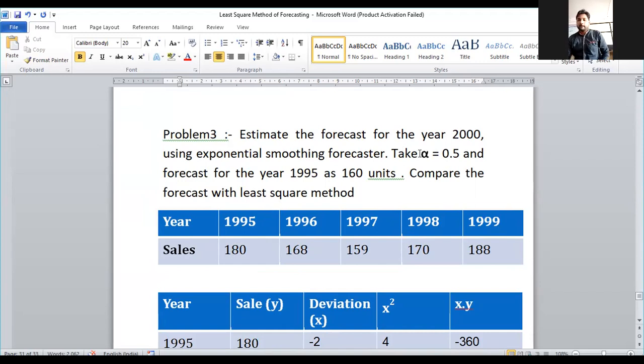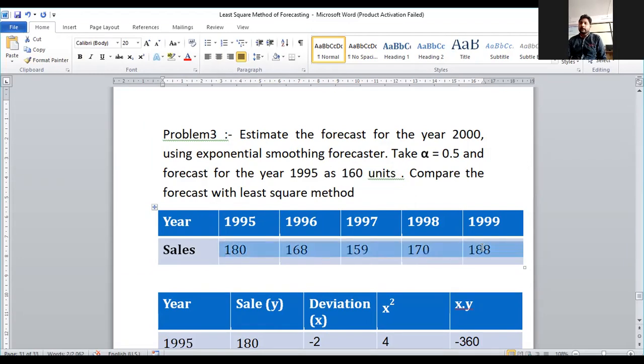Now in the problem, alpha is provided as 0.5 and the forecasted demand for 1995 is provided as 160 units. Okay, so this is the given data, because the linear regression, or we can say the least square method, does not require the forecasted demand. Actually, we are considering the actual demand.